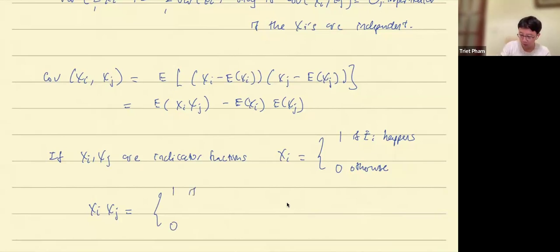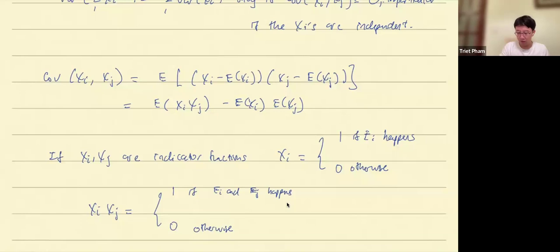It's only 1 if both of them are ones. But both of them are ones if Ei and Ej happen, and 0 otherwise. So basically, when you multiply indicator functions, you're looking at the AND operator.